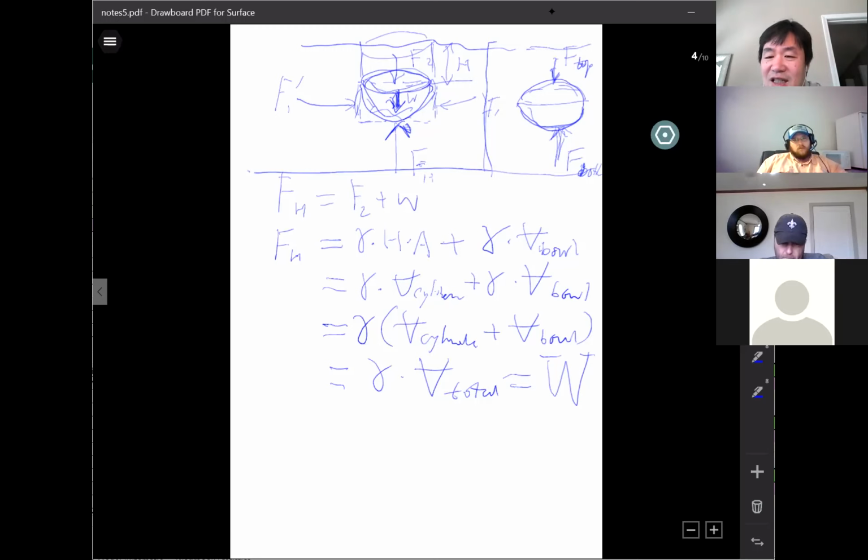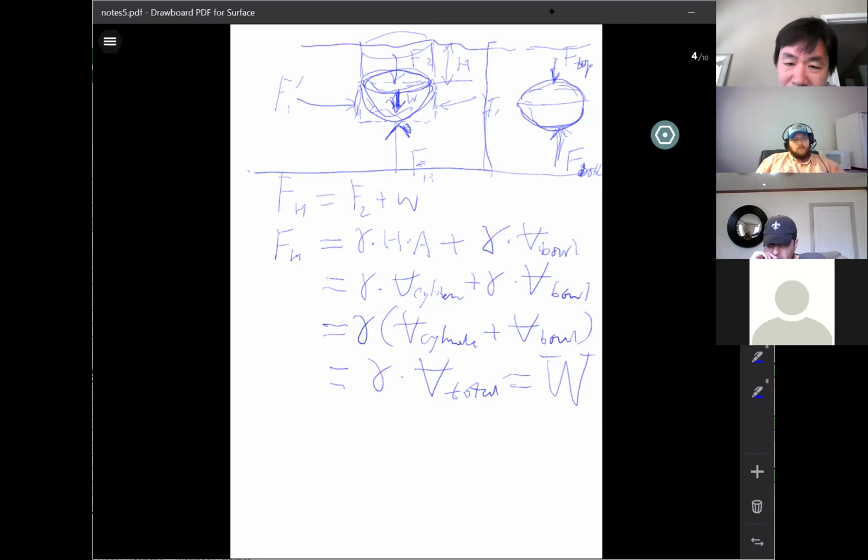Because the bottom half is always lower, and if it's lower, the pressure is bigger, the force is greater. So the top half force, F top, is a little bit smaller than the bottom half. The difference in forces between top and bottom drive the body upward.